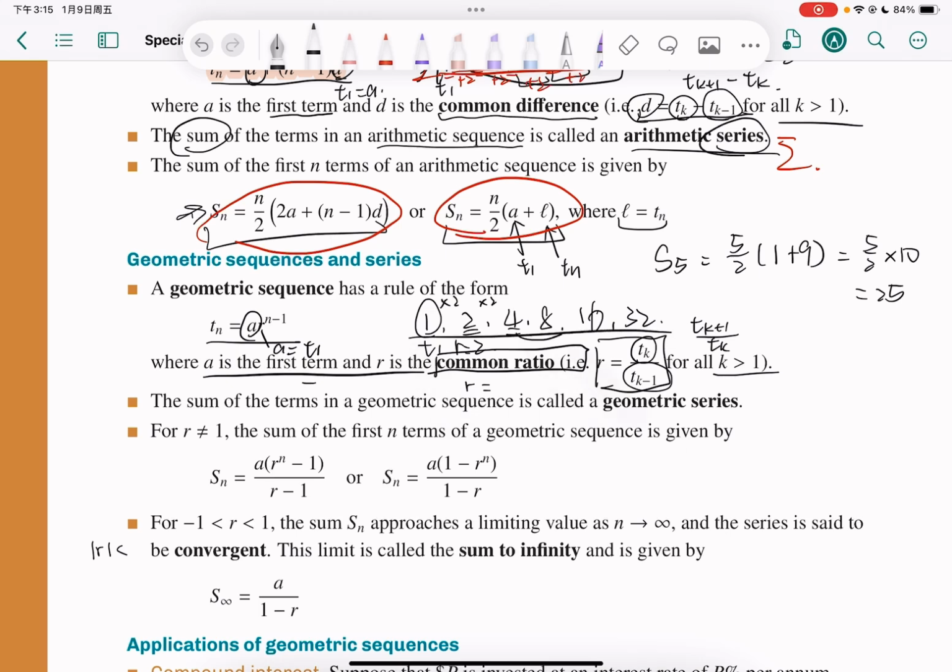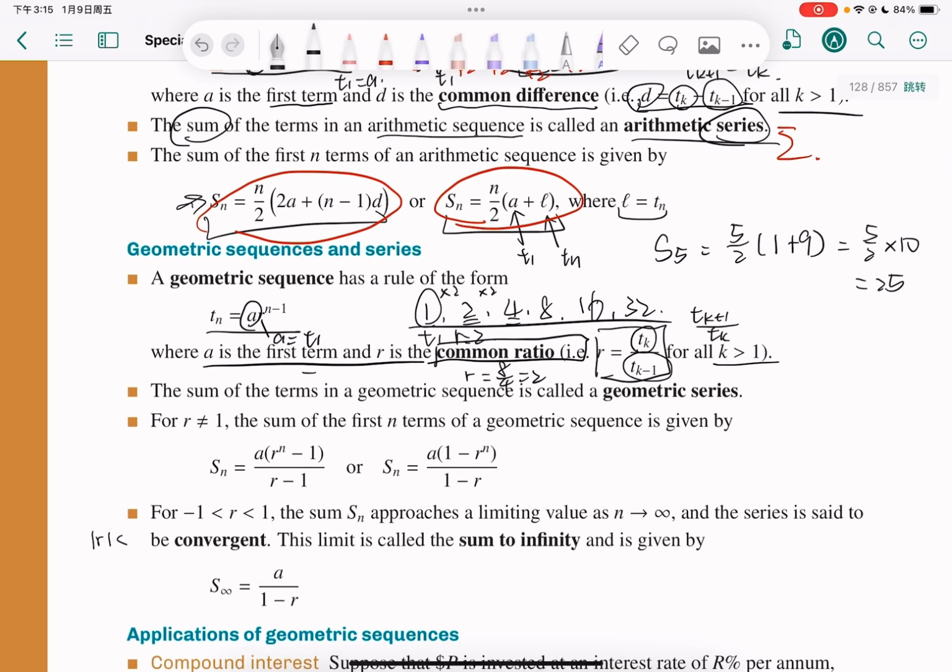We can do the division between 8 and 4, which is 2, or any other pair next to each other. And the formula is Tn equal to the first term times the common ratio to the power of n minus 1.